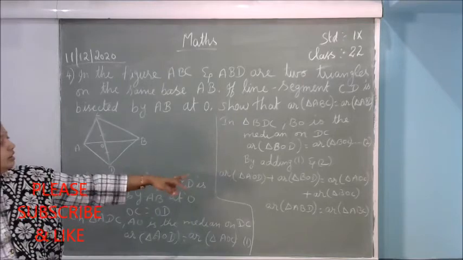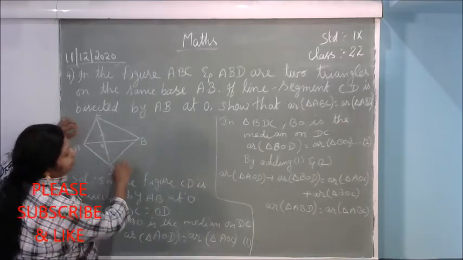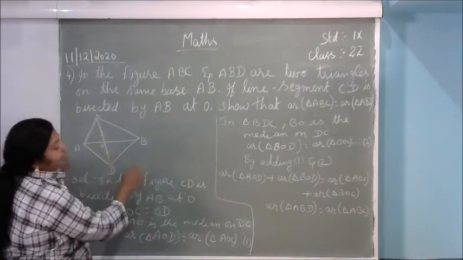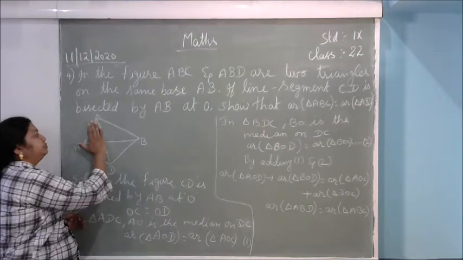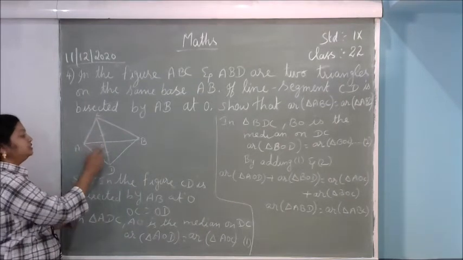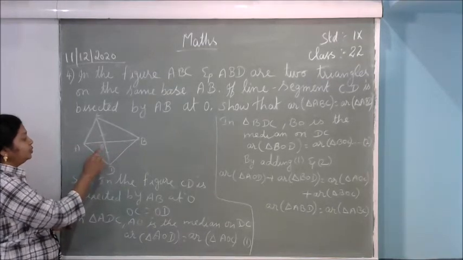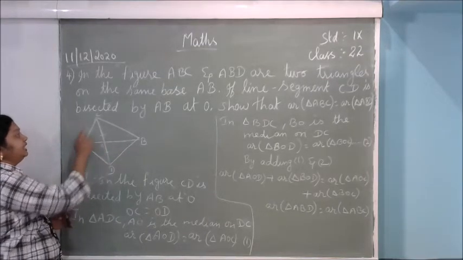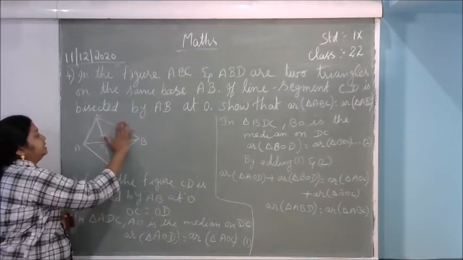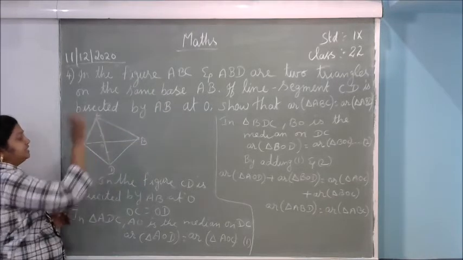Next, in the second triangle BDC. In this triangle, first we have to prove AO is the median. AO is the median means area of AOD and area of ACO are equal. Now take this portion, triangle BDC.